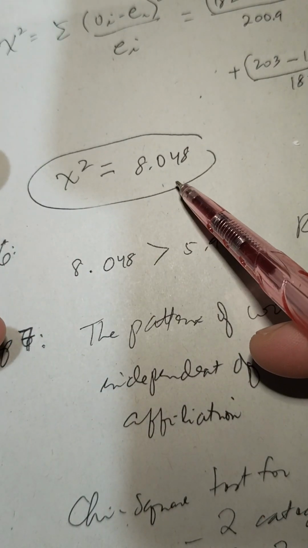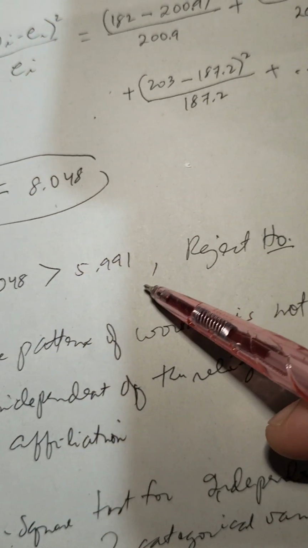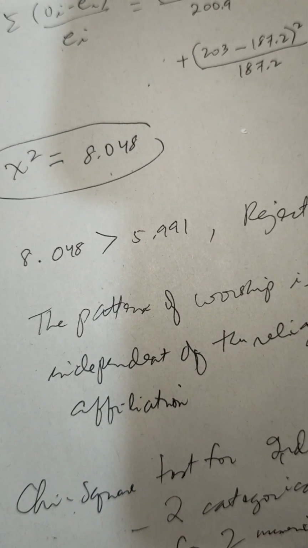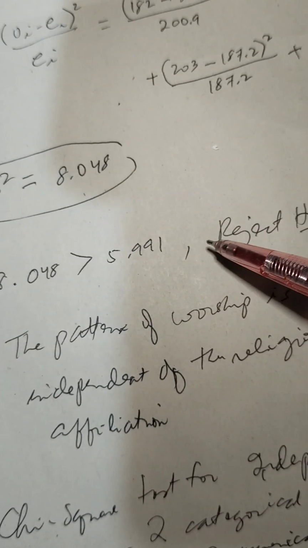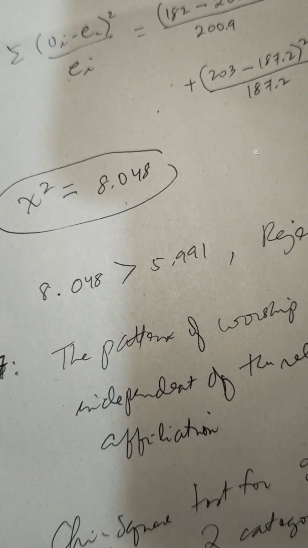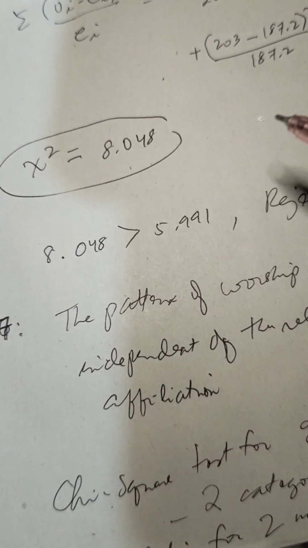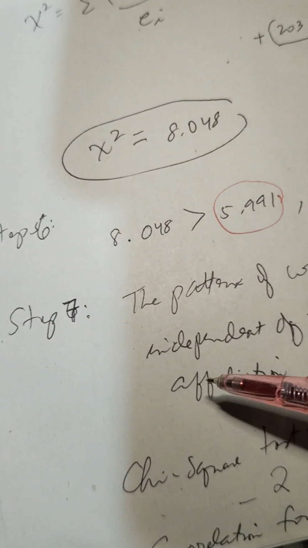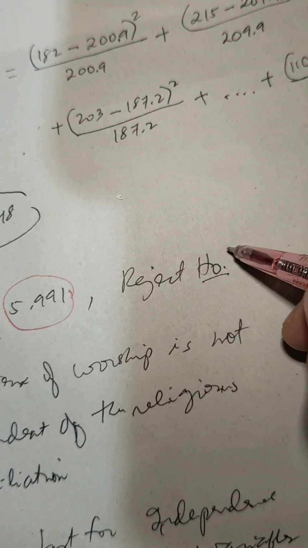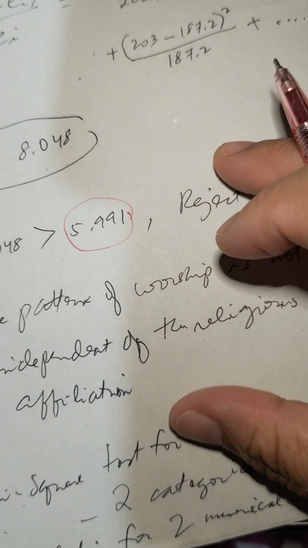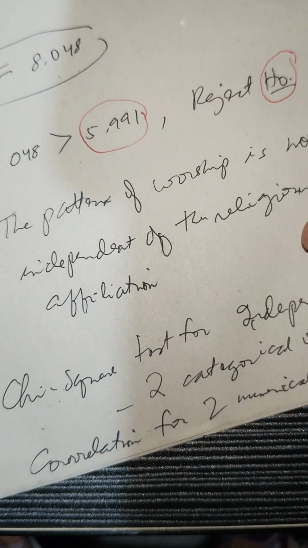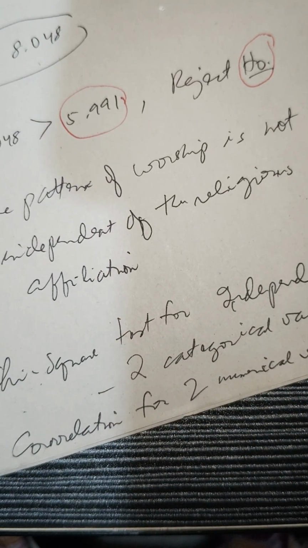Since your computed value 8.048 is greater than 5.991, we reject H0. That is the decision rule: we reject H0 if your chi-square is greater than the chi-square critical value. Now, step 7: since we rejected the hypothesis of independence, they are not independent, meaning they are related.